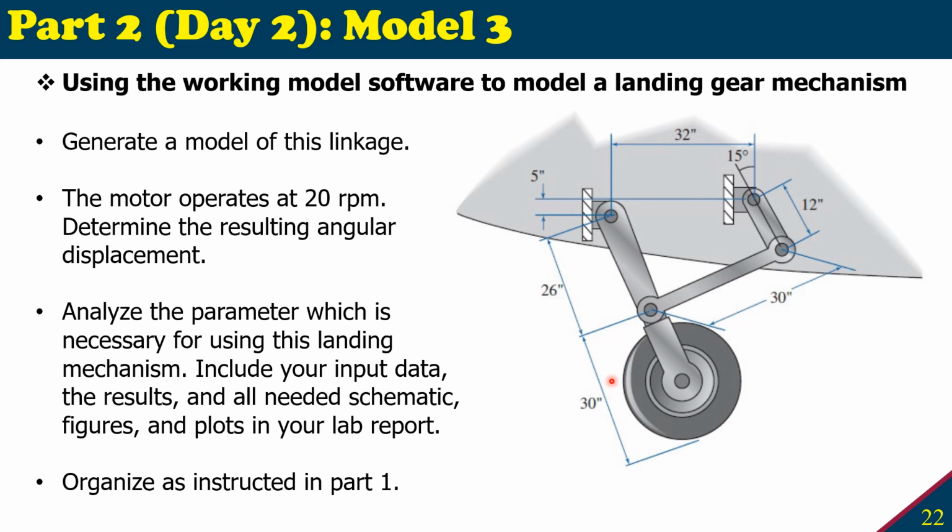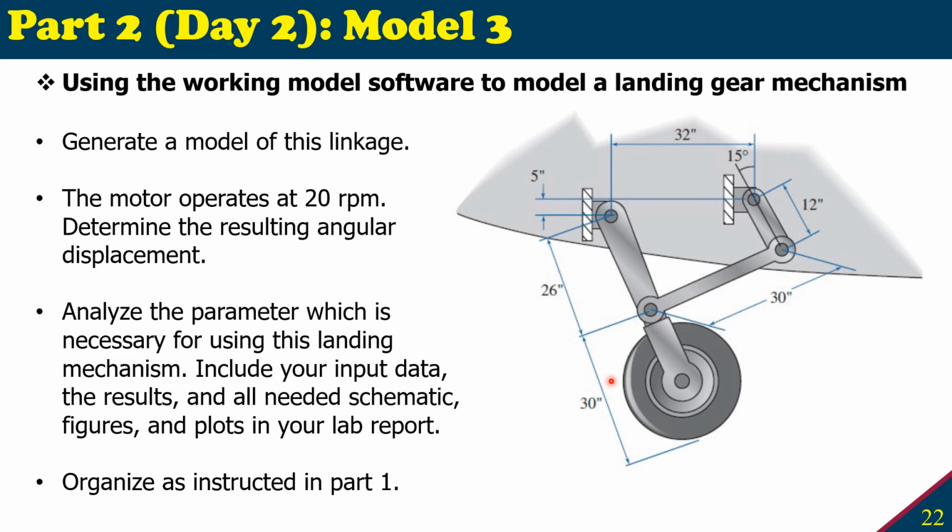Then you have to analyze the parameters that are necessary for using this landing mechanism. You have to find those and analyze the parameters, and you have to include the input data, results, and all the needed schematic figures and plots in your lab report.